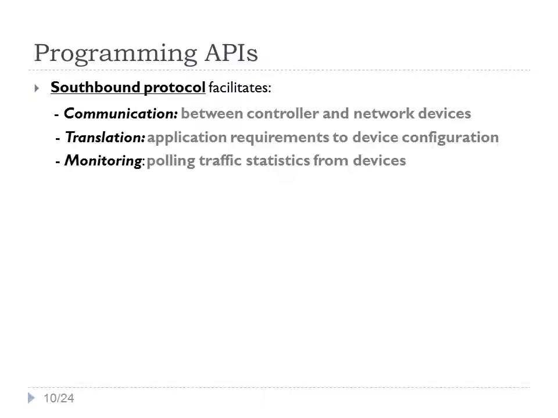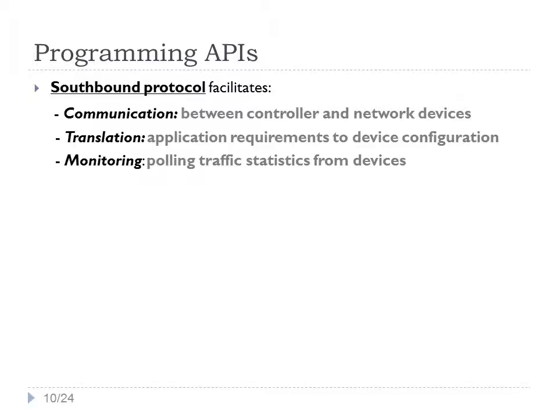In addition to pushing configuration, we can also poll different counters within the switches using the southbound protocols. And this is particularly useful for obtaining traffic statistics from individual devices with regards to the present network conditions.